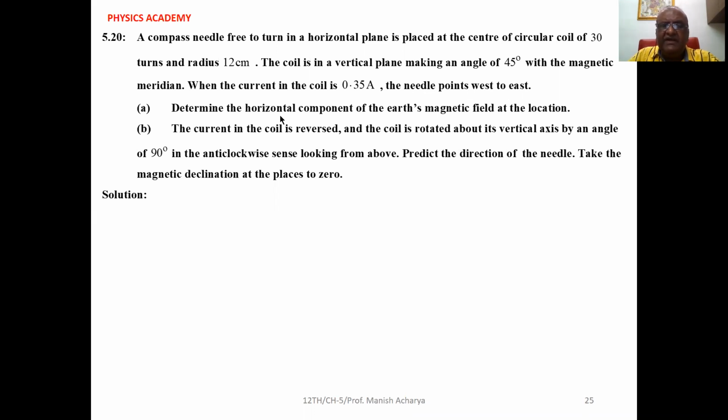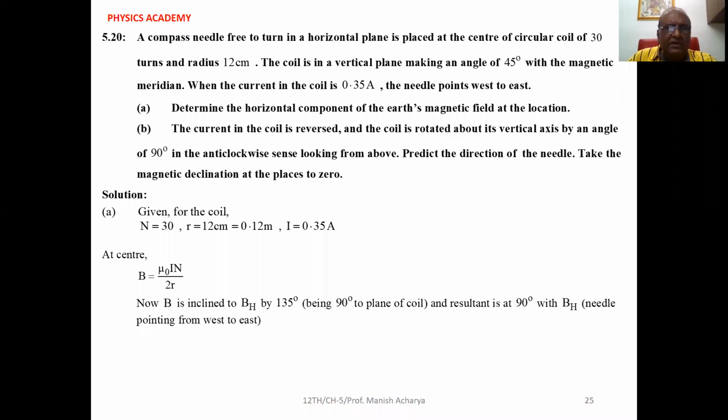A. Determine the horizontal component of Earth's magnetic field at the location. B. The current in the coil is reversed and the coil is rotated about its vertical axis by an angle of 90 degree in anti-clockwise sense, looking from above. Predict the direction of the needle. Take the magnetic declination at the place to be 0.